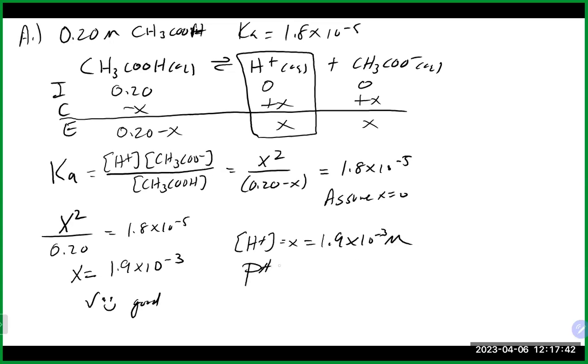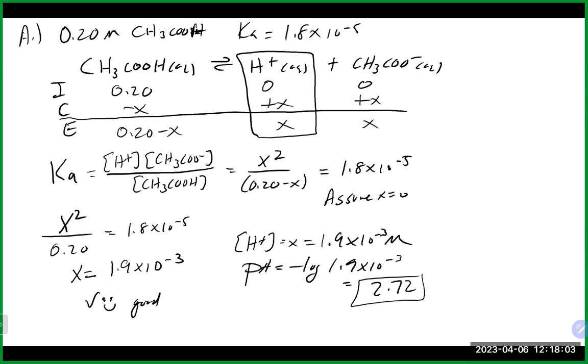That can now go into our pH, minus the log of 1.9 times 10 to the minus 3. And that gives us an opening pH here for our acetic acid of 2.72. Any questions on any of those steps?